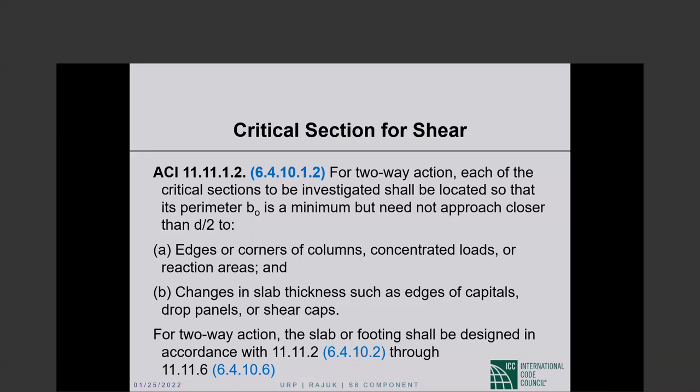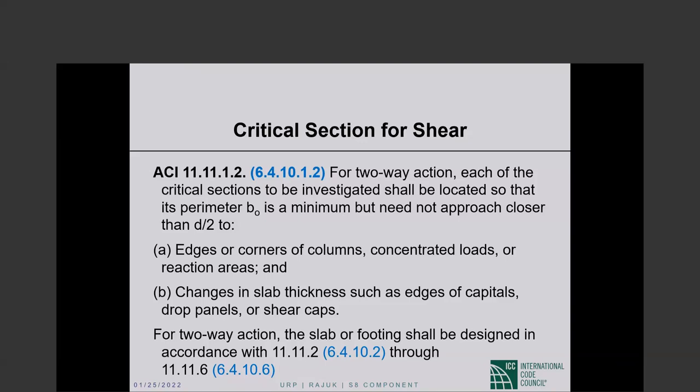Now, at the first critical section around the column, the d effective depth is based on the thickness of the slab, including the drop. At the second critical section around the drop panel, the d is based on the thickness of the slab itself.